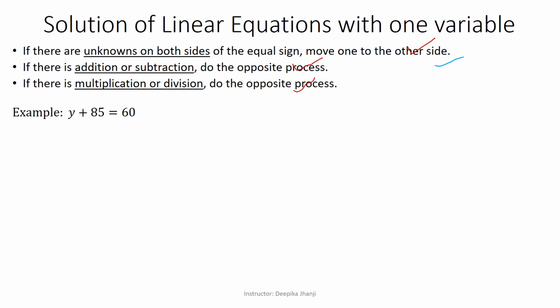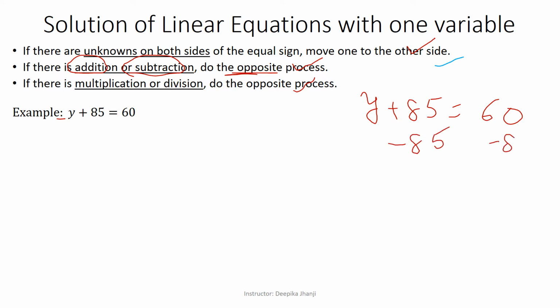My first example is y plus 85 is equal to 60. Now the variable is y here and I want to get rid of positive 85. To get rid of any addition, do the opposite process. And subtraction is the opposite process of addition. So I'll rewrite the equation here. To get rid of 85, I'll do the same process on both sides.